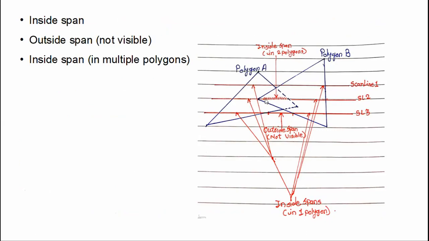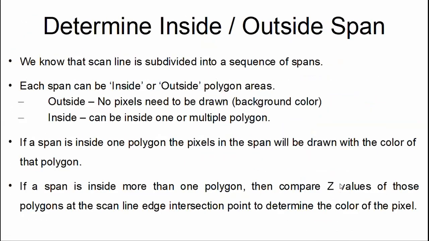In this case we will find out the depth of the polygons. Definitely polygon B will be closer to the view plane, so we will color this span with the color of polygon B, and we will say that polygon B is occluding, or covering, or overlapping polygon A.